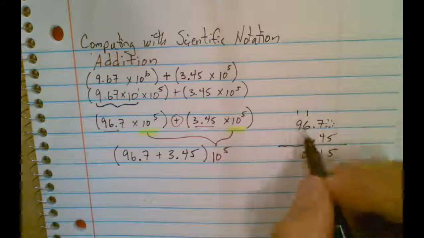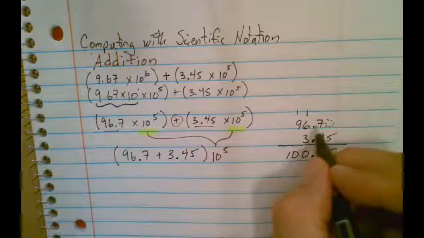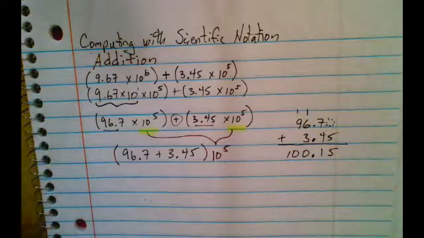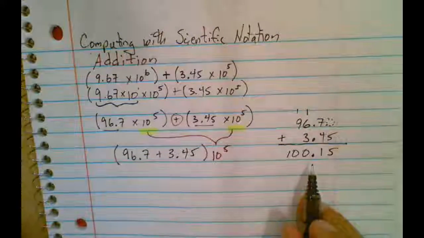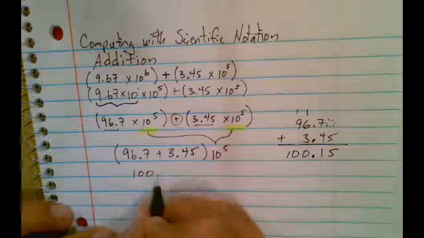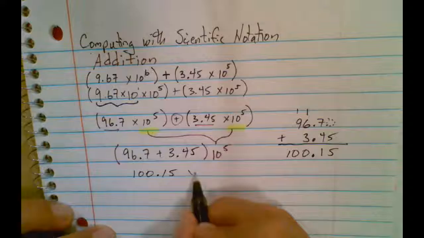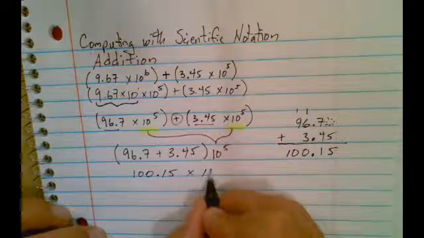Carry the 1, and 1 and 9 is 10. And we bring the decimal point straight down when we add. So inside the parentheses I now have 100.15 times, because parentheses means times, 10 to the 5th.